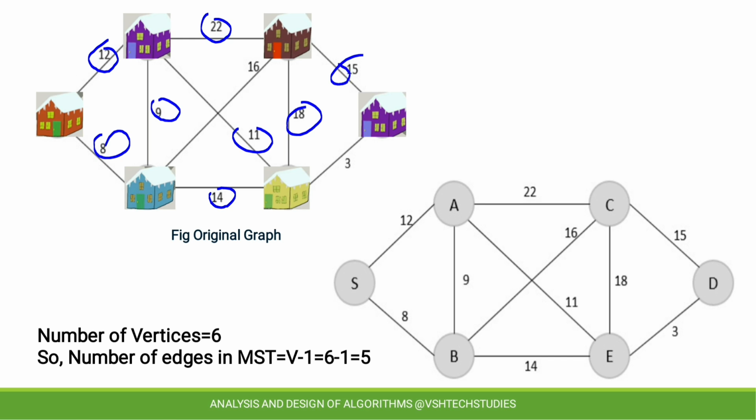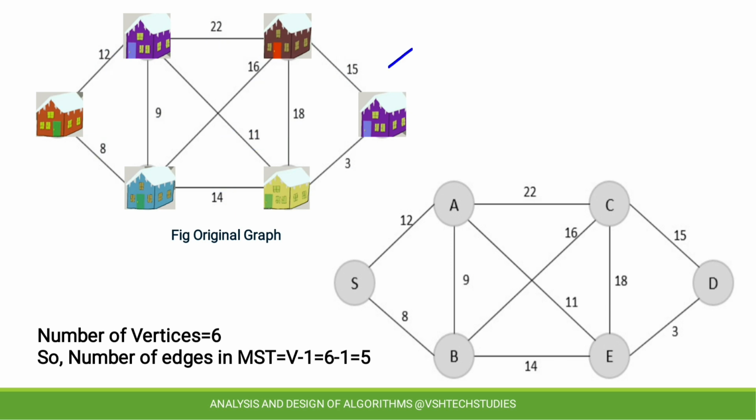They will be representing the cost of road construction in one example, the cost of laying wires between the houses in another example, or the cost of networking in the case of computer networking. So these are the weights written on the edges.